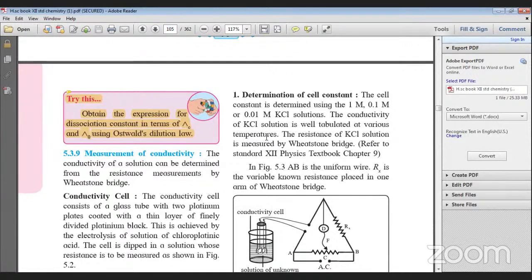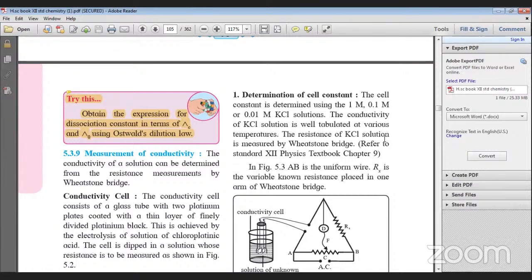So depending upon the temperature, a particular electrolyte shows dissociation of that electrolyte. It depends upon the temperature. If the temperature is high, the dissociation rate will be high. If the temperature is low, ions won't dissociate very easily.